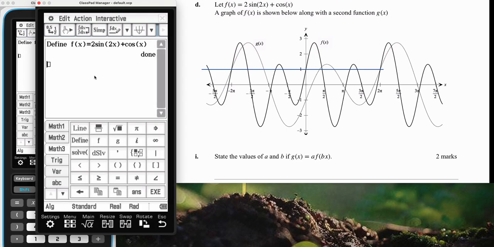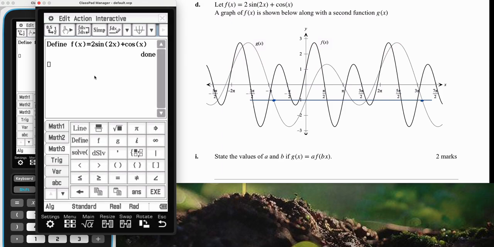But I can see that the other function, let's go between two values, like between here and here, or this one. Yep, that sounds good. What's this period? Between there and there.